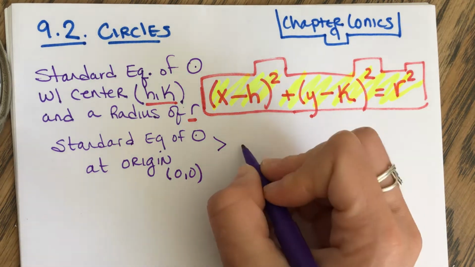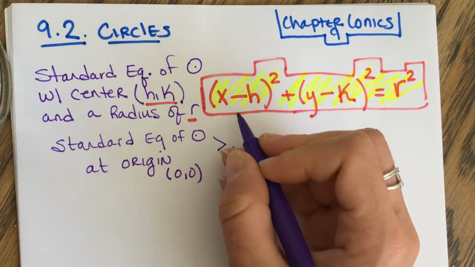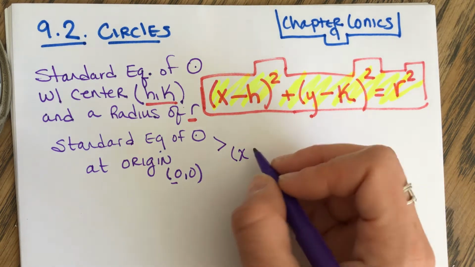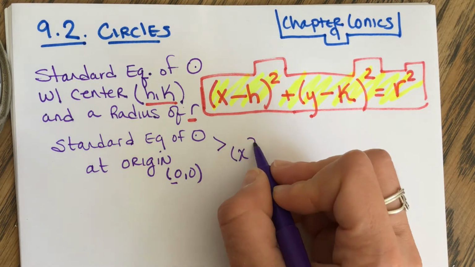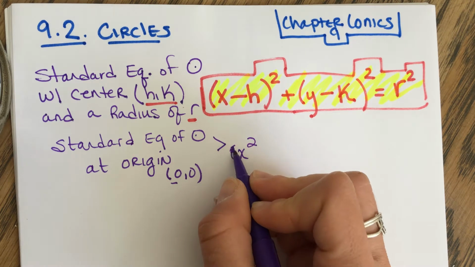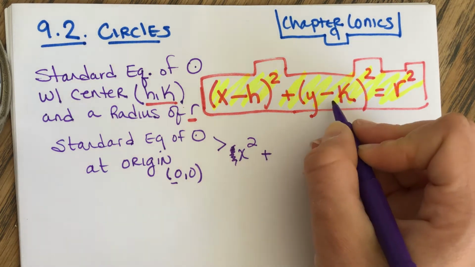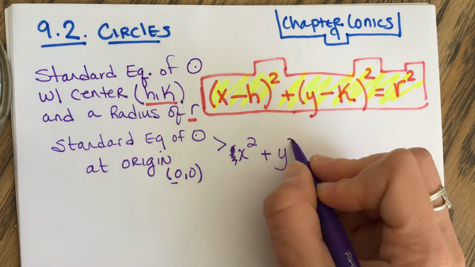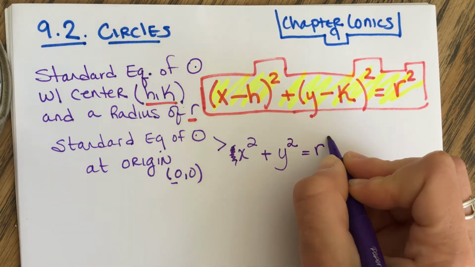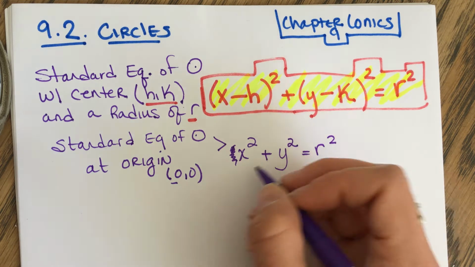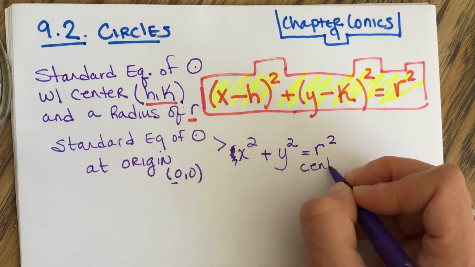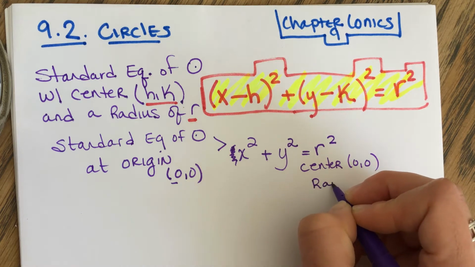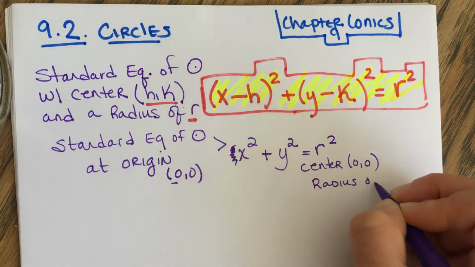So that's your (h, k). So x minus 0 is just x, so it's an x squared. You don't need your parentheses here, sorry. Plus, again, y minus 0 is just y, so y squared equals r squared. And so whenever you guys see this, x squared plus y squared, your center is always at the origin, and again, here is your radius of r.